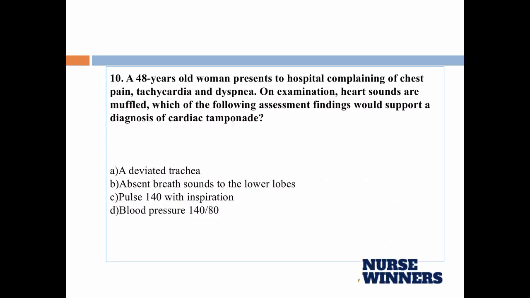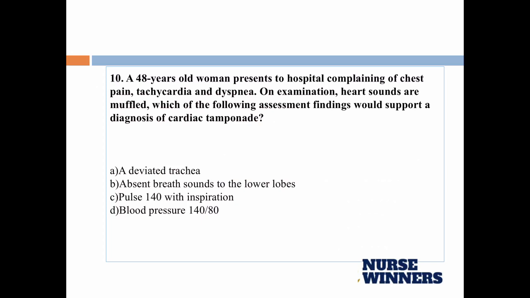Last question. A 48-year-old woman presents to hospital complaining of chest pain, tachycardia and dyspnea. On examination, heart sounds are muffled. Which of the following assessment findings would support a diagnosis of cardiac tamponade? Options: A. Deviated trachea.